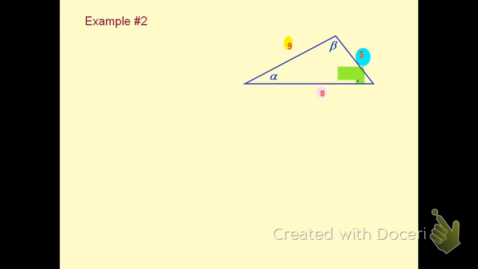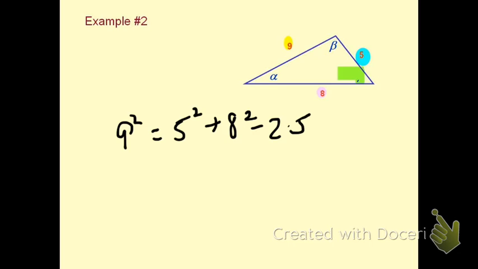So we're going to do c squared, which would be 9 squared, equals a squared plus b squared, 5 squared plus 8 squared, minus 2 times 5 times 8 times cosine of c, because we're looking for angle C.